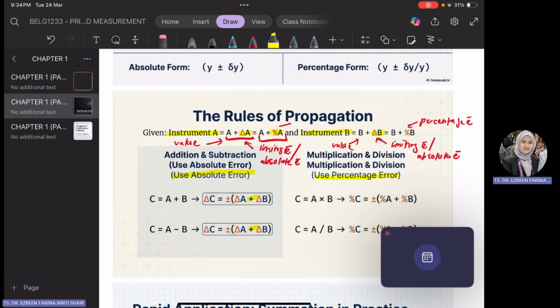For multiplication and division, we will look at the percentage error.